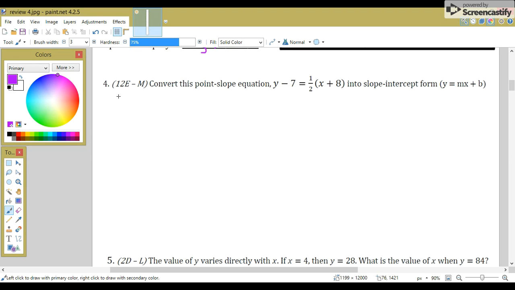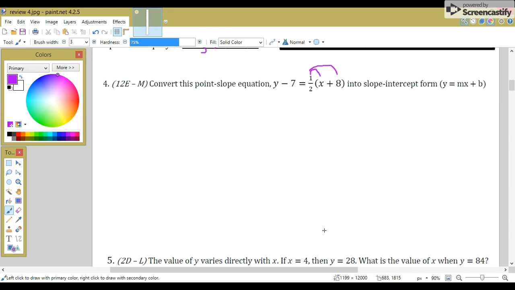Number 4, 12e. Convert this point-slope equation, y minus 7 equals 1/2 parentheses x plus 8, into slope-intercept form, y equals mx plus b. So our first step, we want to distribute.